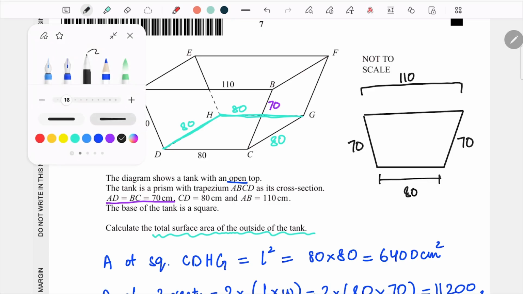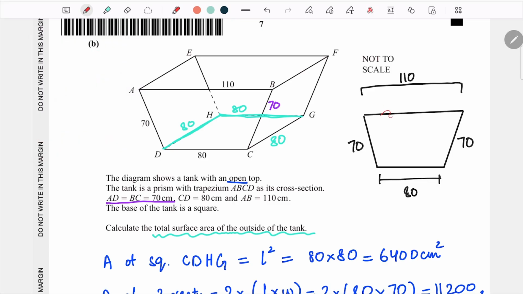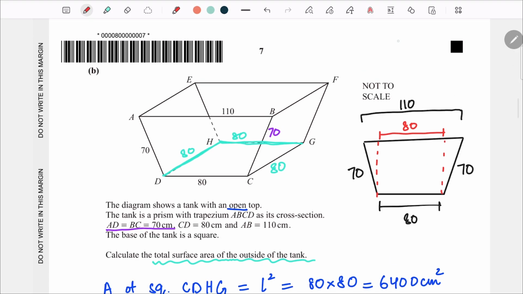So basically I have to find this perpendicular height. Now if this whole thing is 80, then the remaining length that is left is 110 minus 80, which is equal to 30. And when I divide 30 by 2, I get 15. So this is 15 and this part is also 15.